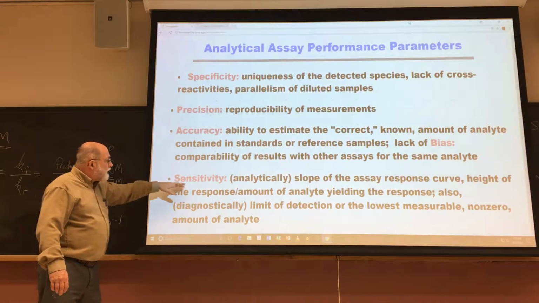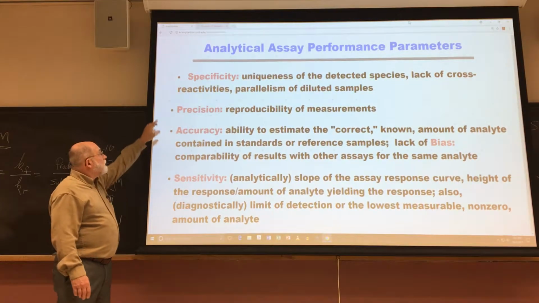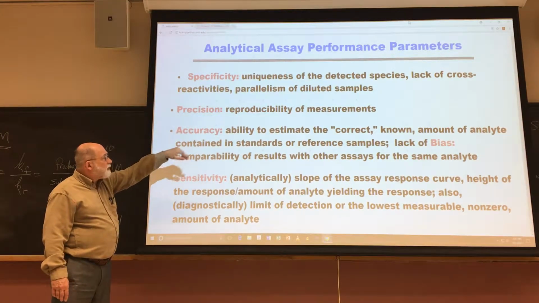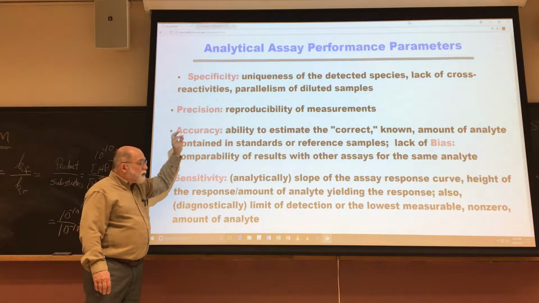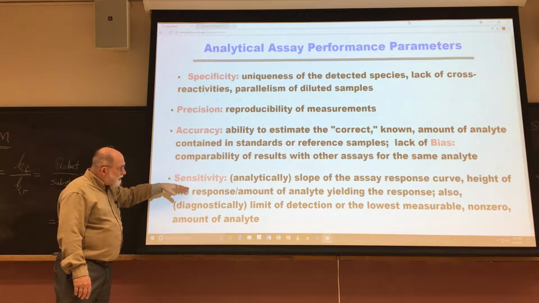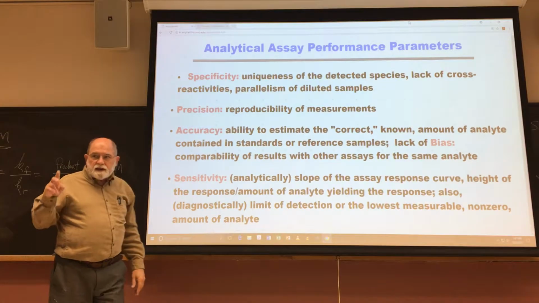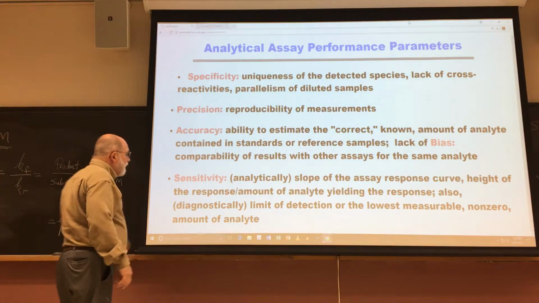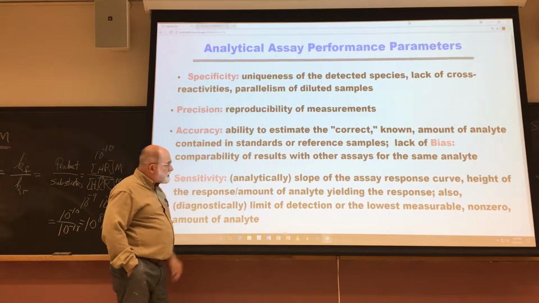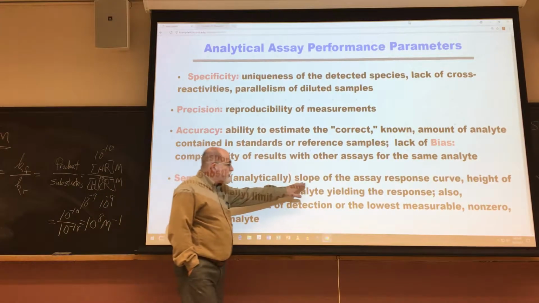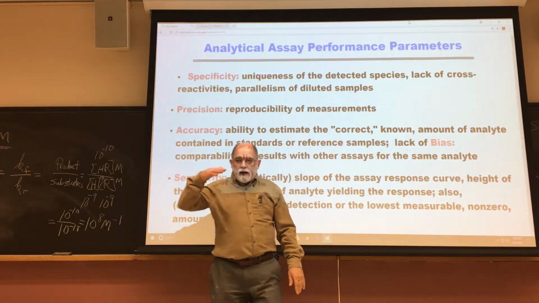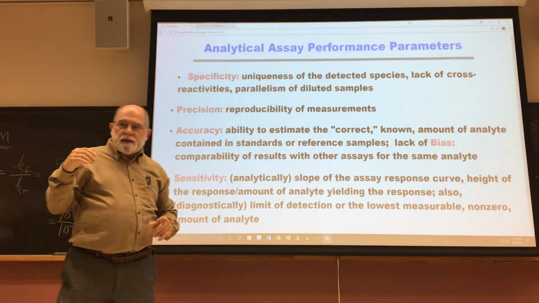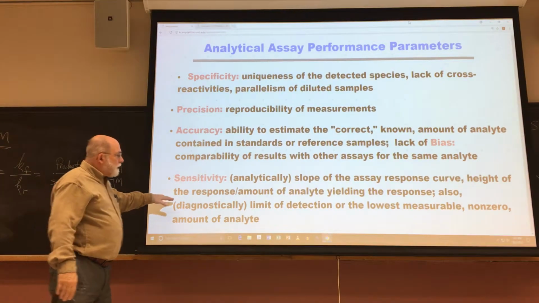And then finally, you've got sensitivity. So specificity, the uniqueness of response. Precision is reproducibility of response. Accuracy is correctness of response. Sensitivity is defined differently if you're a chemist or if you are a clinician. Analytically, a chemist or biochemist would look at the slope of the assay response curve. How far up does the response go for every increment in added ligand or analyte?